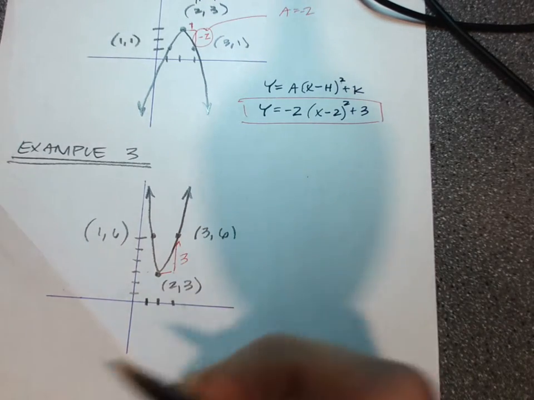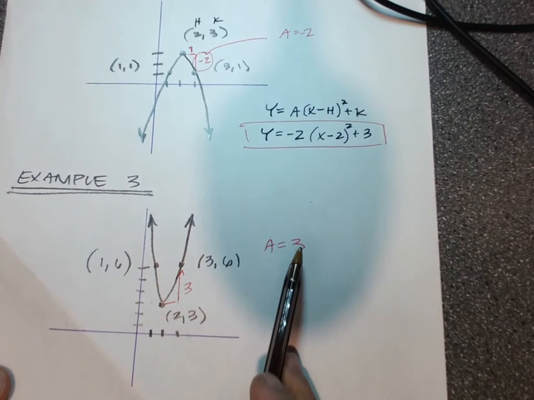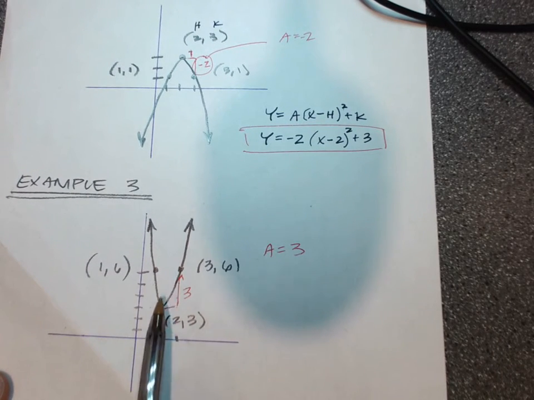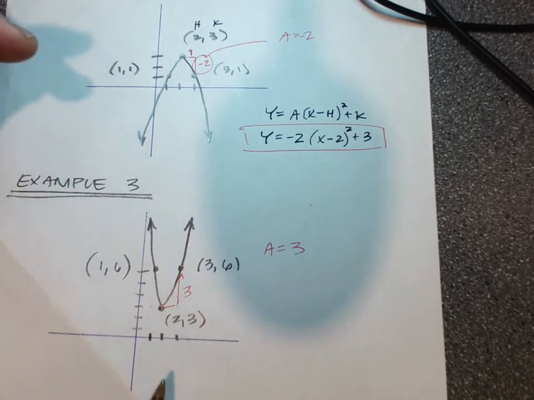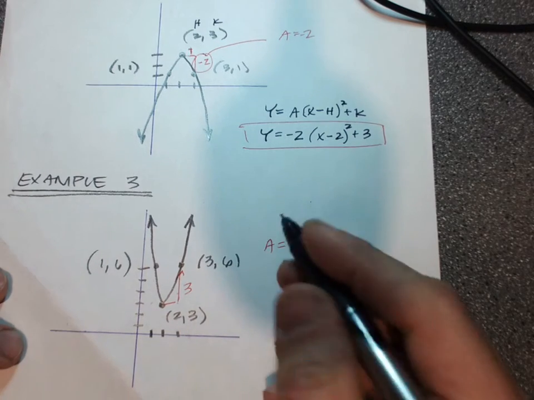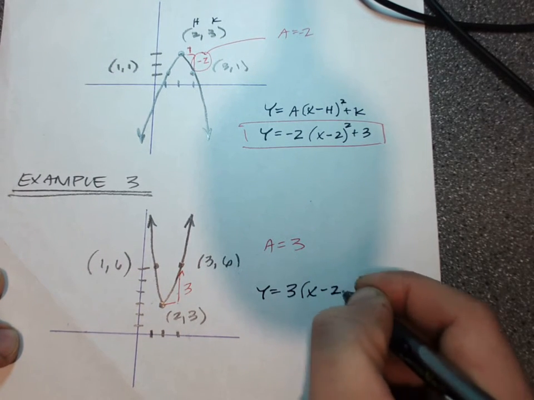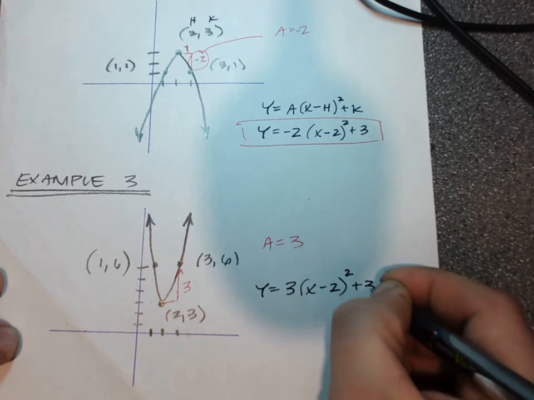And to accommodate that, a is in this case 3. We can see that the larger a gets, it does appear skinnier, although it's in fact growing taller. So writing the equation for this, we have y equals 3 times x minus 2 squared plus 3.